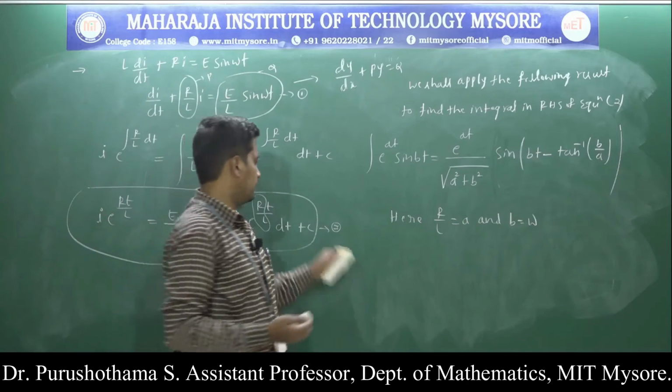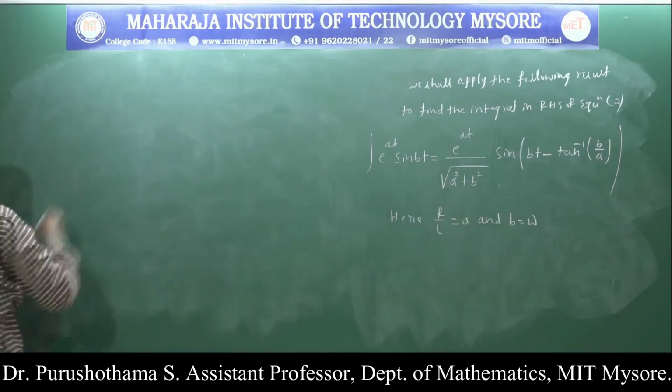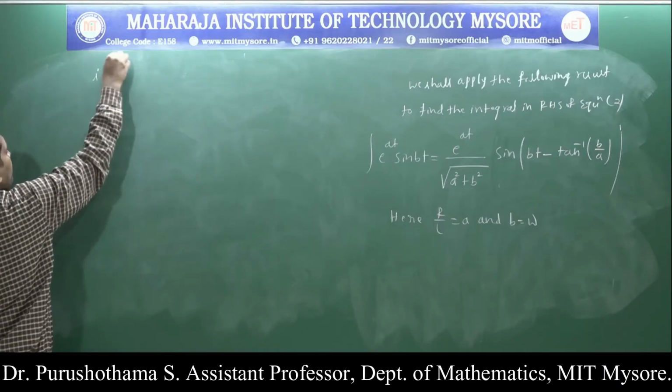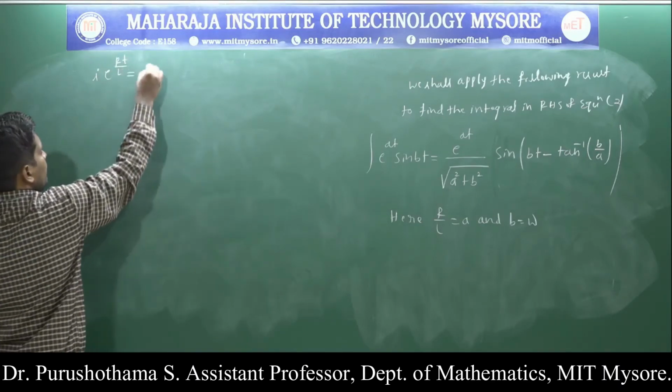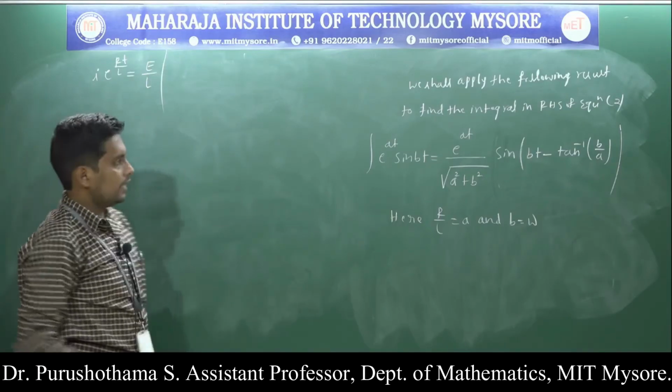So now integrate the RHS of equation 2 using the result. We get I into e power RT by L is equal to E by L, which is a constant taken outside of the integral.